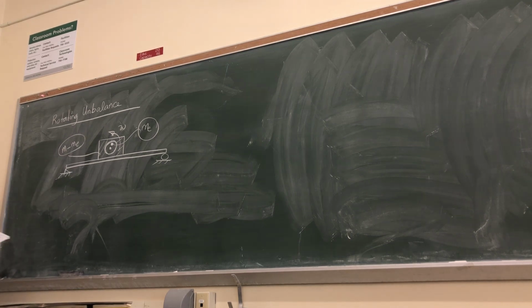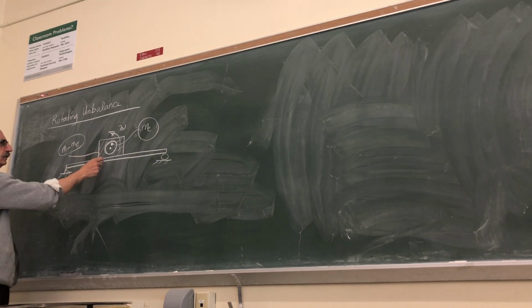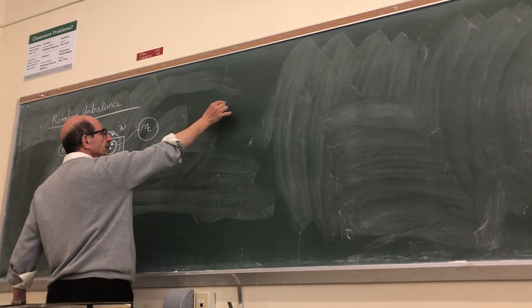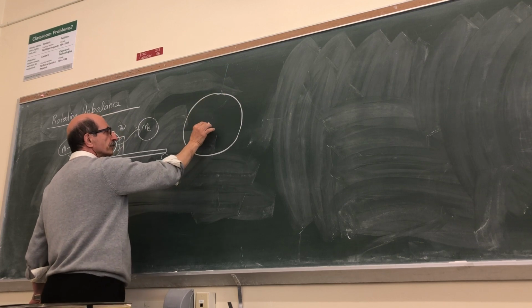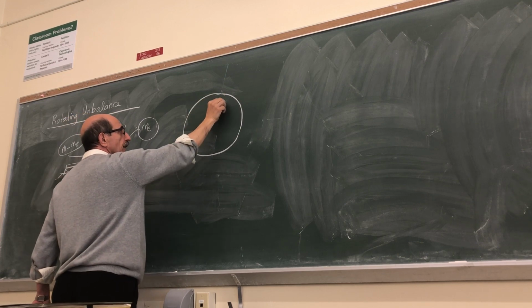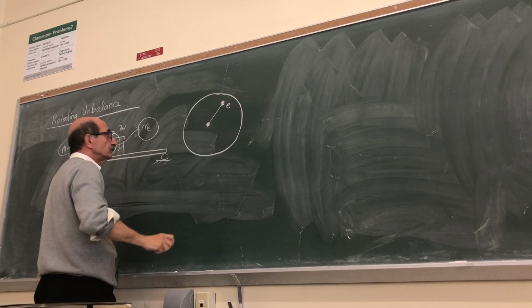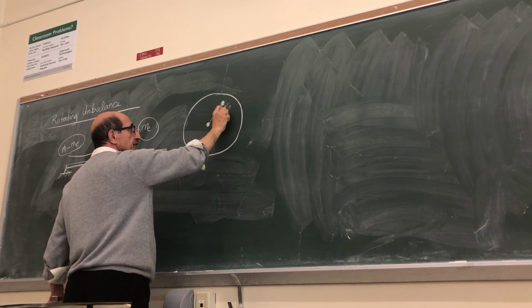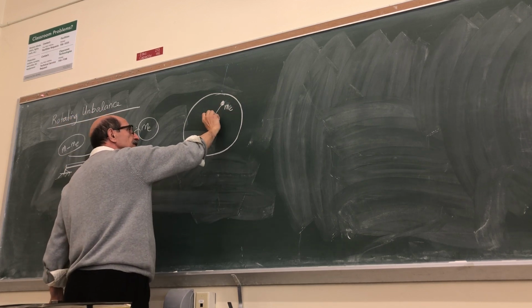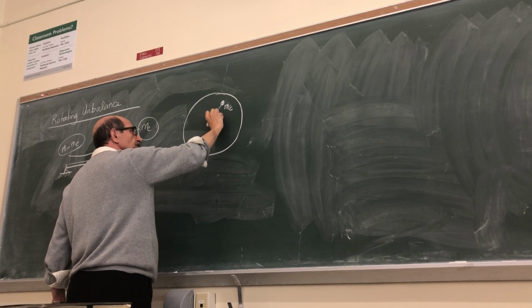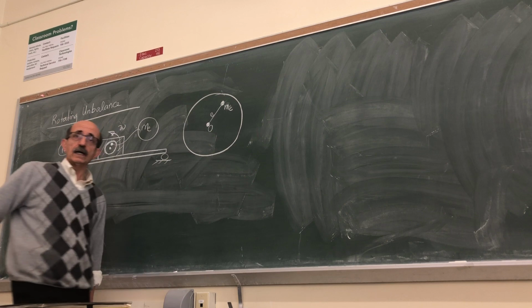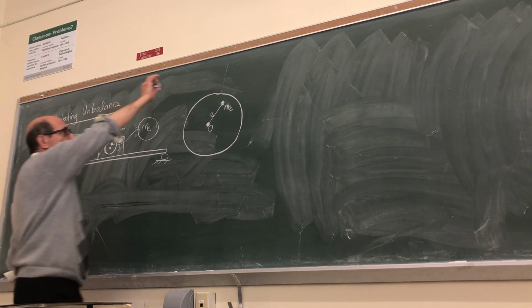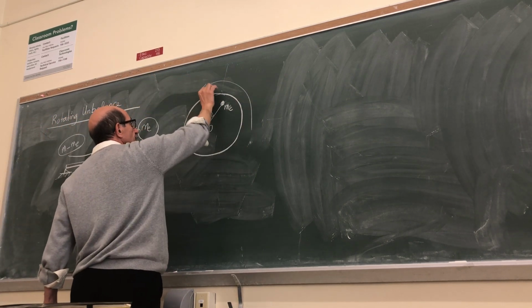So maybe I should actually write these down. And why do I call this E? Let's blow it up, okay? Let's say this is the rotating part, so you have this little e, which is the mass m_e. This is the distance from the center of rotation to this little guy, okay? And this is rotating like this.